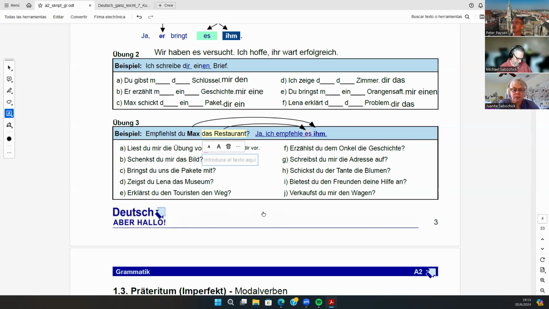Okay, let's see if I can do this. Schenkst du mir das Bild? Ja, ich schenke sie dir.